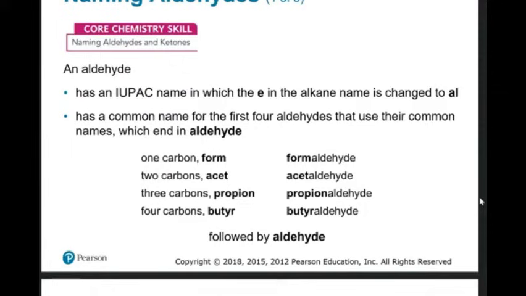So there are common names, and then there are IUPAC names. So IUPAC names are formed this way. Check this out. So imagine you have this molecule. How many carbons are in it? 2, right?